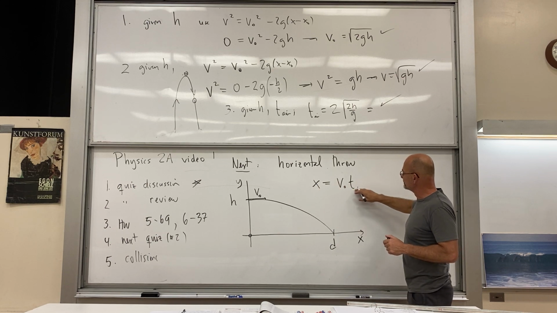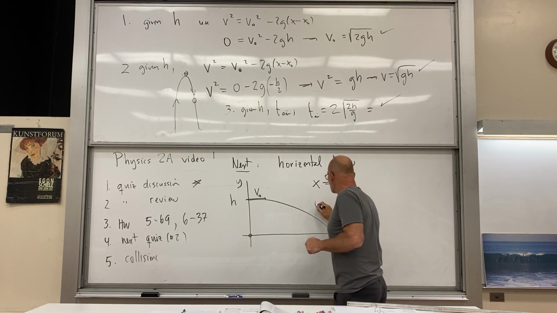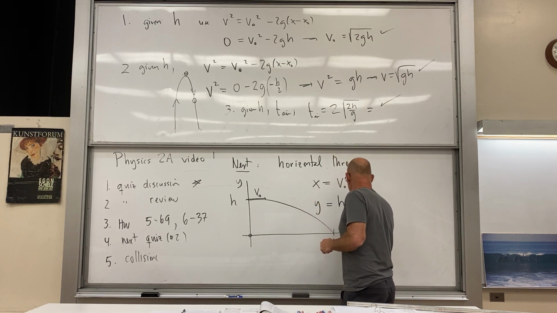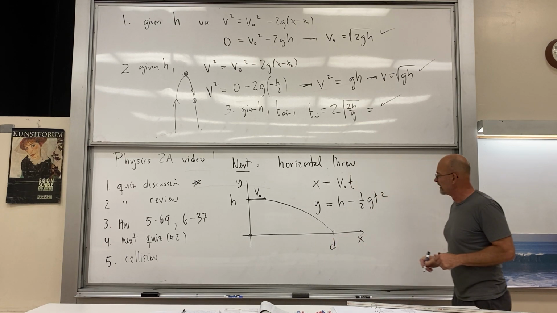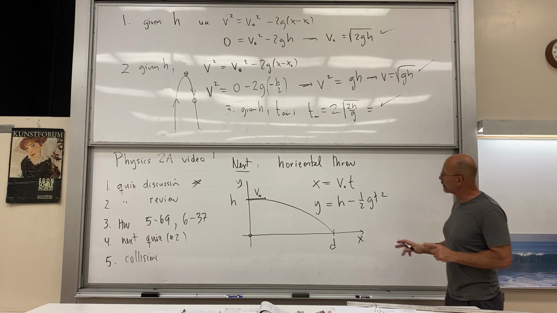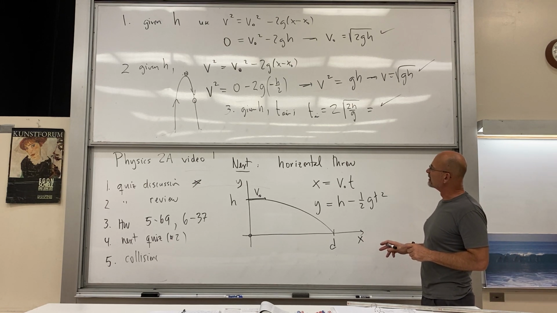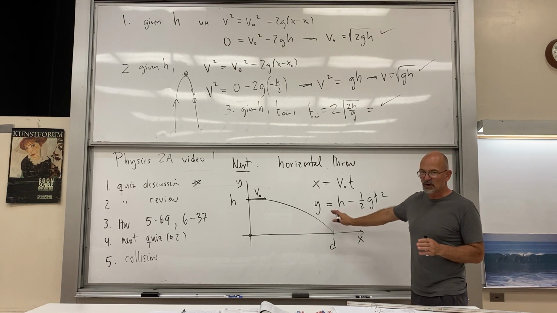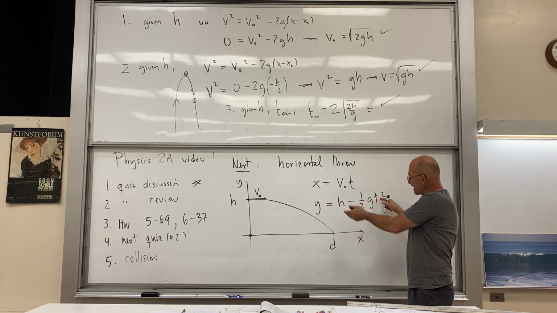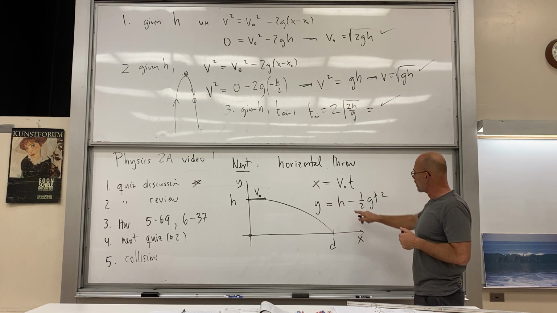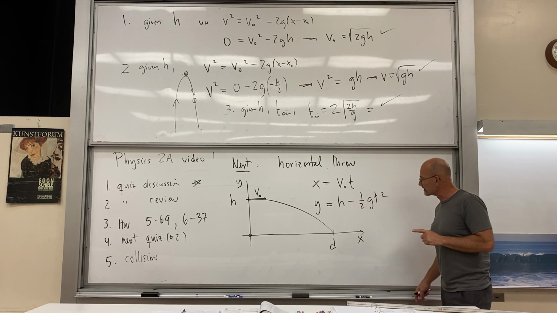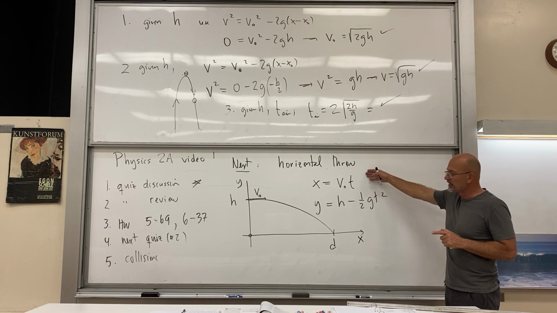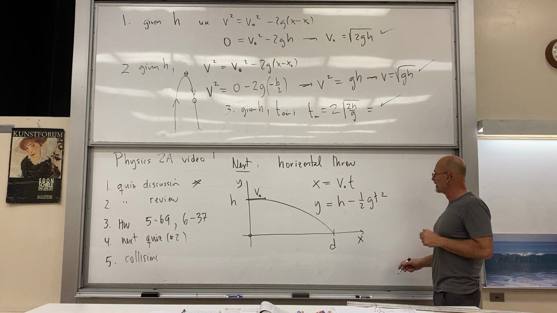Horizontal motion. Vertical motion starts at h minus a half g t squared. That's the version of the kinematic equation where we change x to y and x is 0 to h. No initial speed in the y direction. So you can answer pretty much any question about this right here.